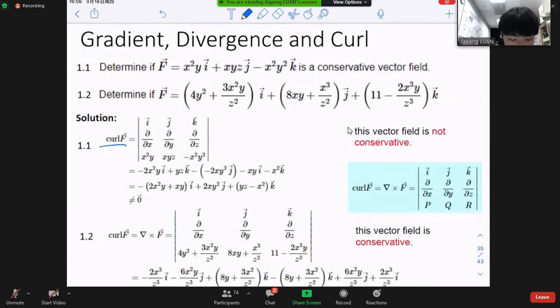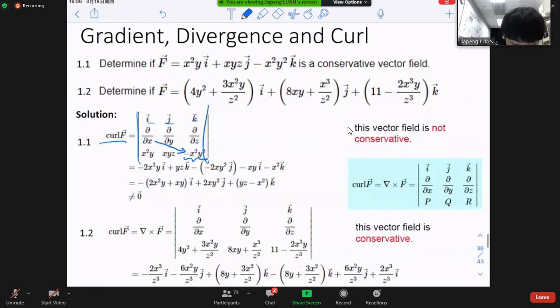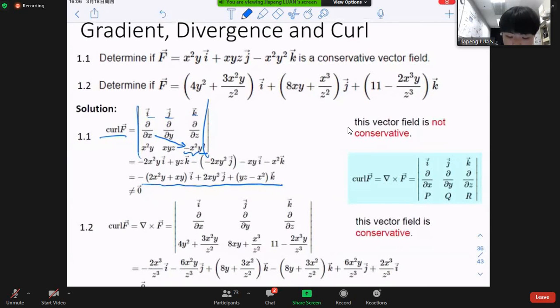So what is curl f? You have i, j, k, and you calculate this determinant, and then also here you have x and y. So you apply the chain rule, right? And then you can have an equation like this, the curl of f, which is a vector, but that is not 0.